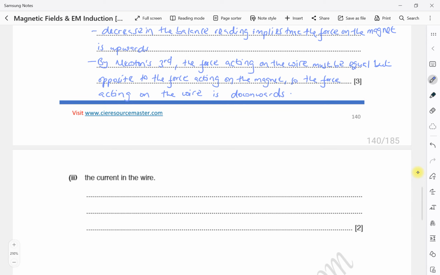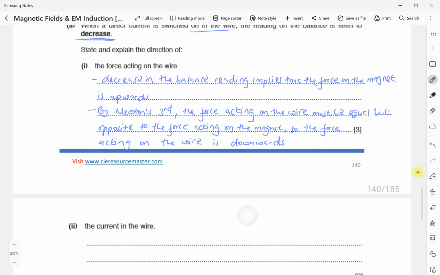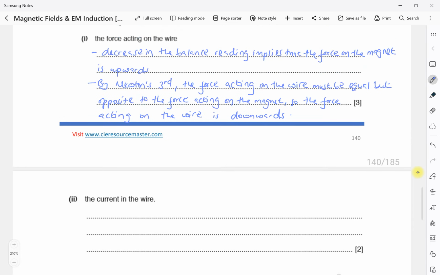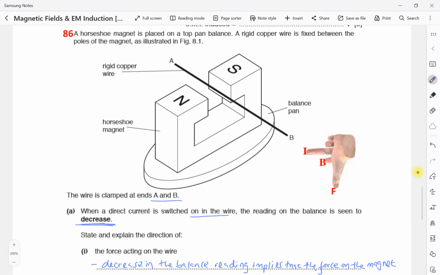Calculate the current, state and explain the direction of the current in the wire. Okay, now that we know that the force on the wire is downwards, the magnetic force on the wire is downwards, so the thumb should point downwards, and of course the field lines originate from north to south, so the field should be in that direction.